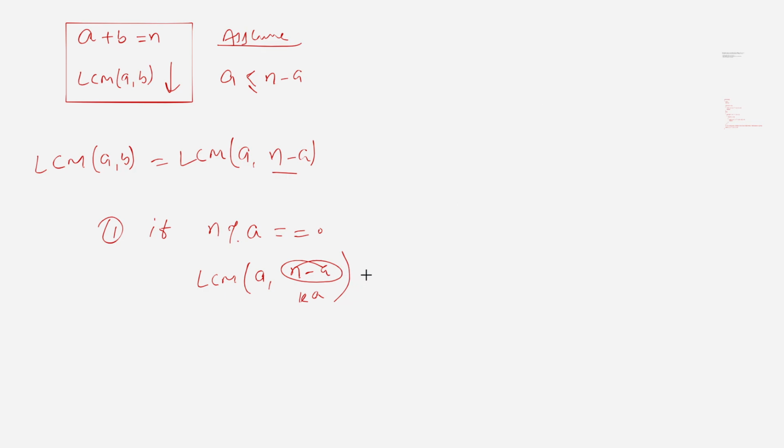So can I say here the LCM would be n minus a, this is A and this is B, and this is divisible by A. So we can say our answer is n minus A, and A is greater than or equal to 1, so it is less than n.